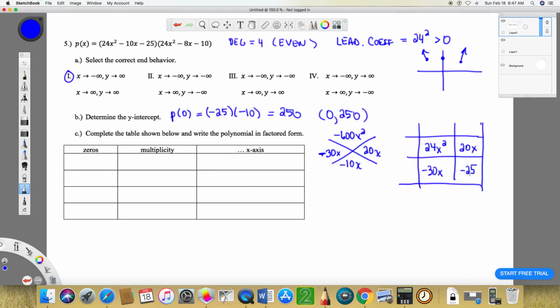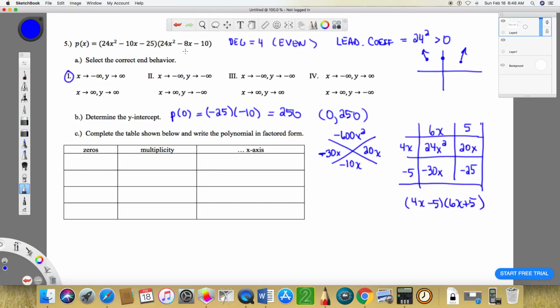So let's factor this both horizontally and vertically. So we've got a negative 5 here and a positive 5 here. We've got a 4x here and a 6x here. So this first one is going to factor to 4x minus 5 times 6x plus 5. All right.